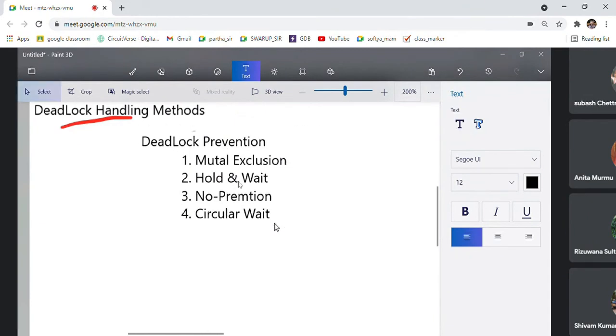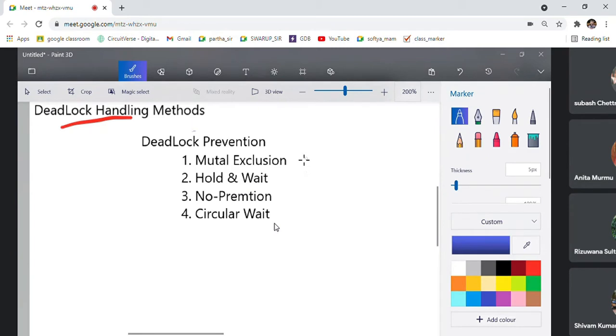So let's start with mutual exclusion, because mutual exclusion is a very critical aspect of anything. If it's a banking system, then mutual exclusion has to be there.